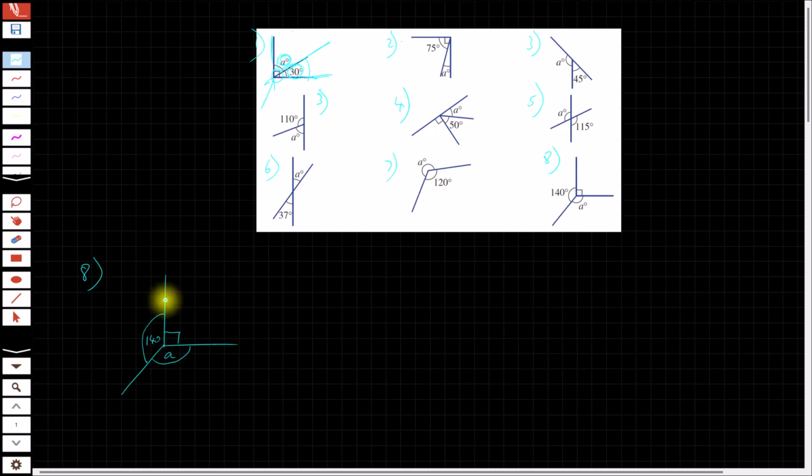Okay, we can see if we start at this line, we go all the way around back to the same point, that's 360 degrees. But we are given this angle here between these two lines as being 90 degrees. We're given this angle here to be 140. So the only part of this 360 degrees we are missing is part A. So A equals 360, take away 140, take away 90 degrees.